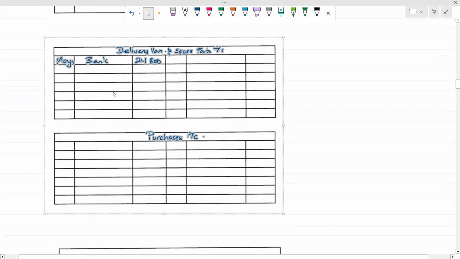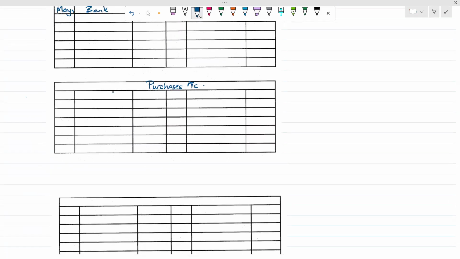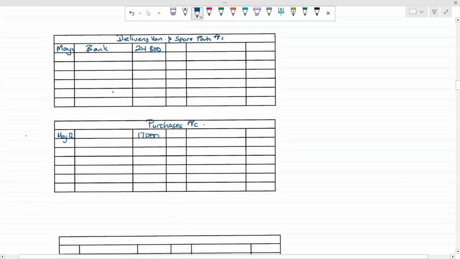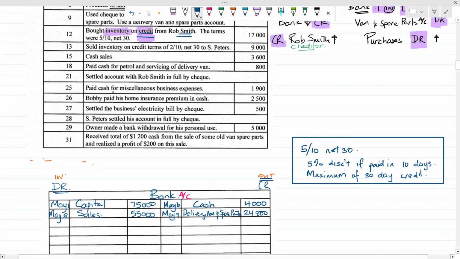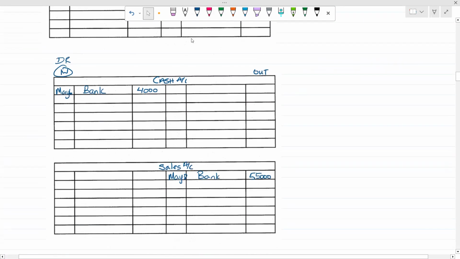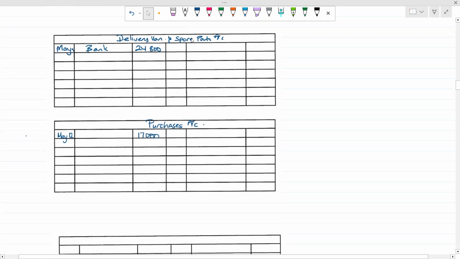This is May 12th. So May 12th, we write in our purchases account. What would we put here? Who did we purchase on credit from? Oh, we purchased from Rob Smith. So that's the name that has to go here.